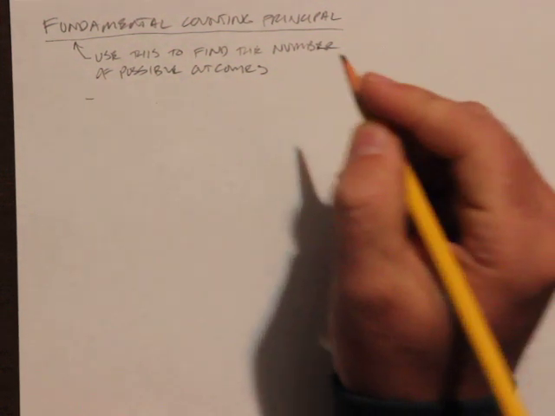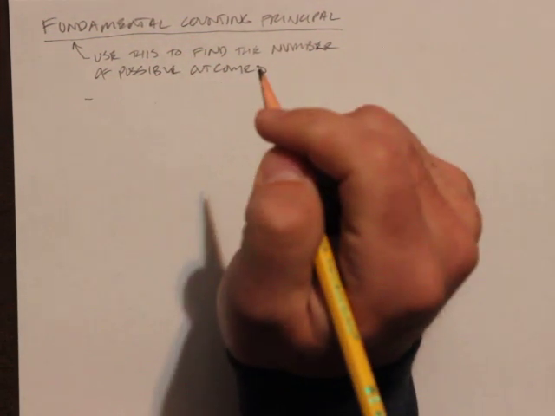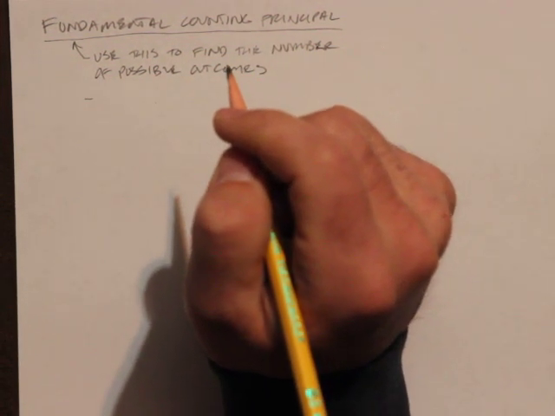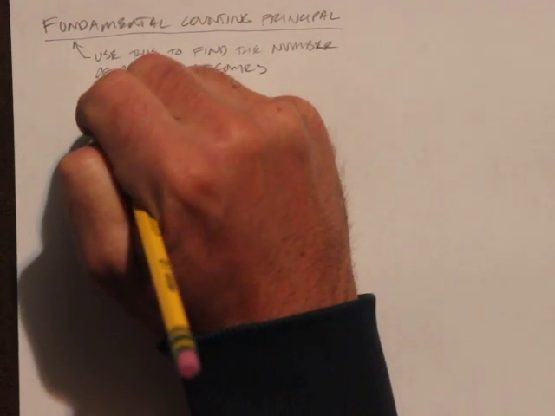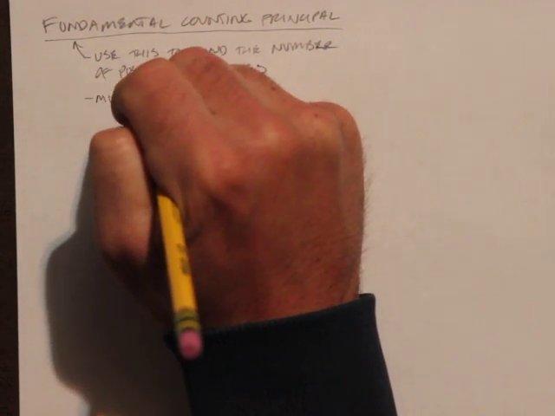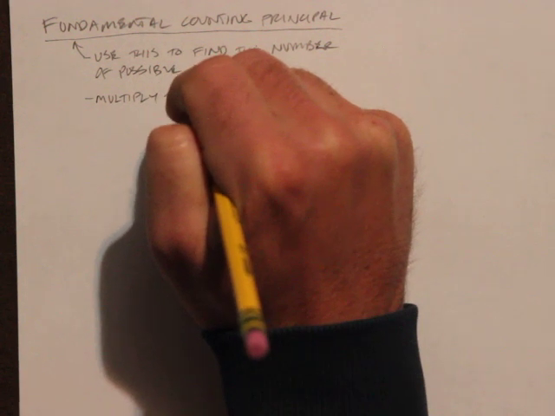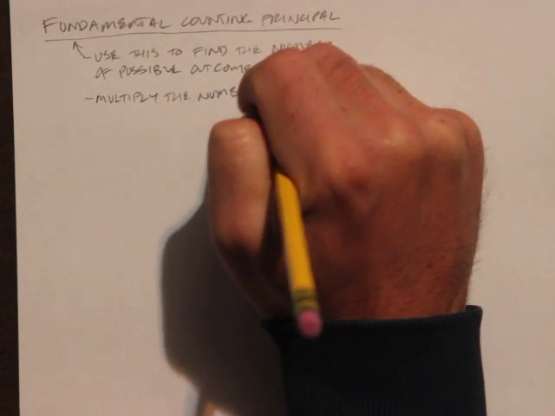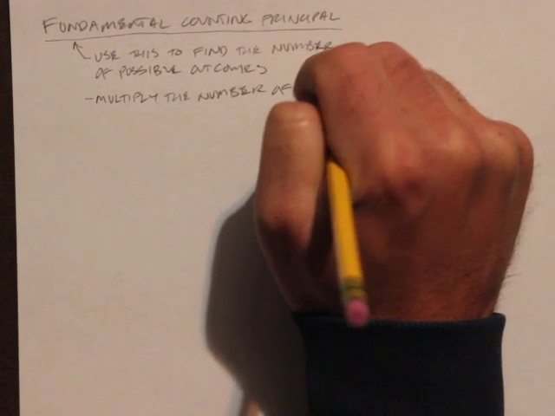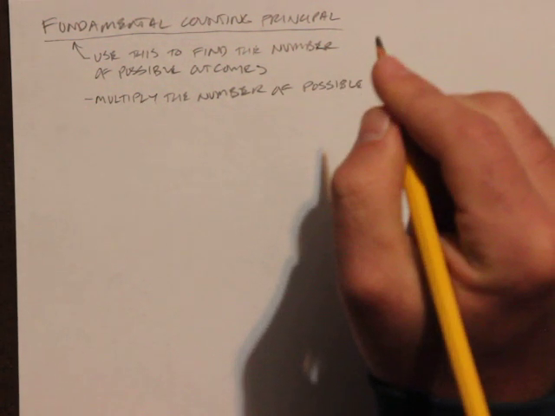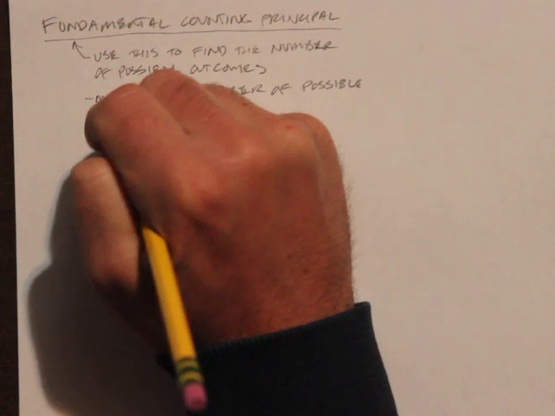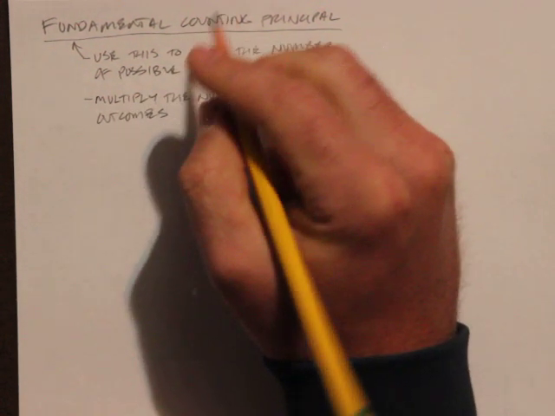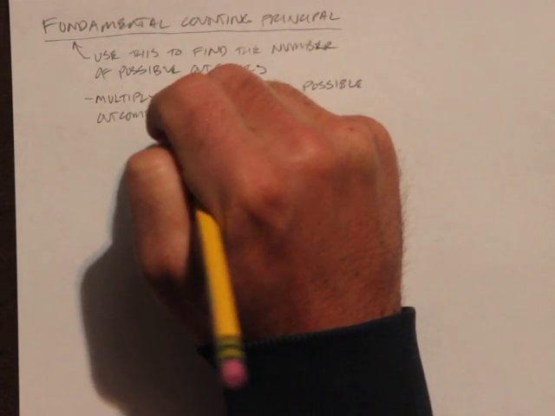So all we do is we multiply the number of possible outcomes from each event or stage.